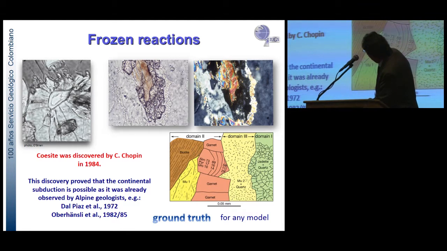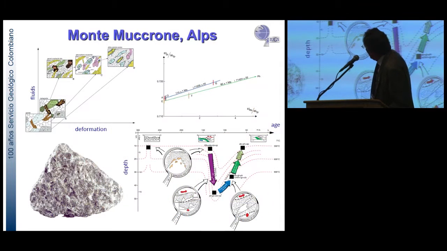Here I show you the reaction of biotite to plagioclase, and between the biotite and the former plagioclase, a series of minerals were formed, garnet, jadeite, so clear indication of high pressure. At that time, the first personal computers were available and no modeling was possible.